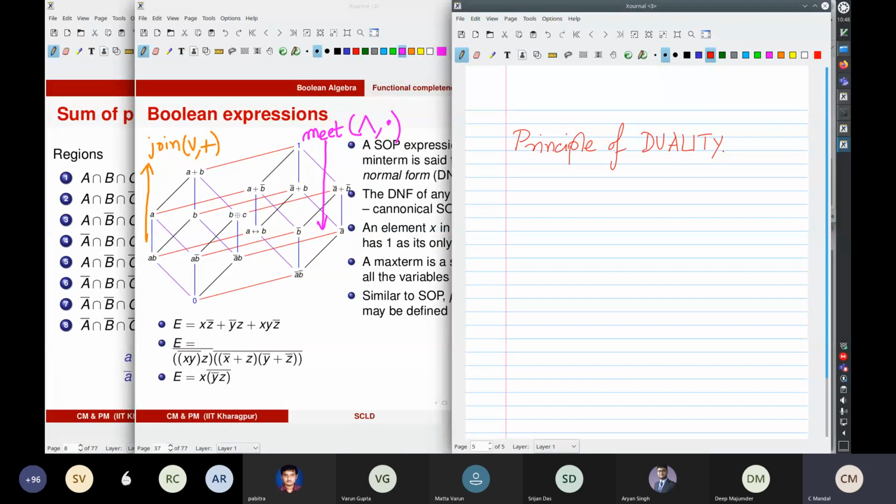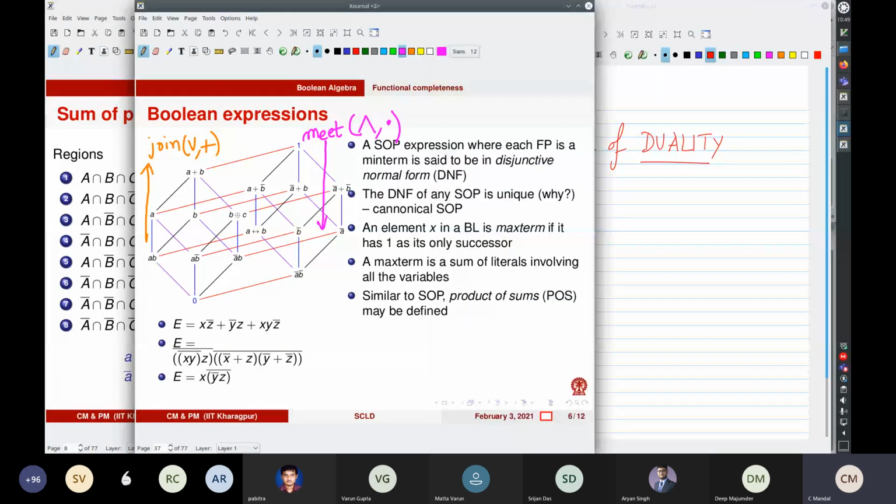So you can interchange these operators, and any theorem in Boolean algebra has a dual which you can obtain by interchanging the operations.